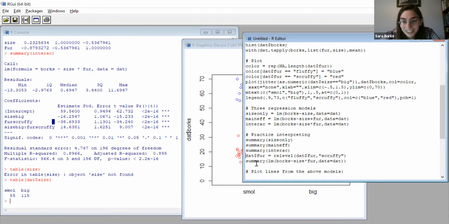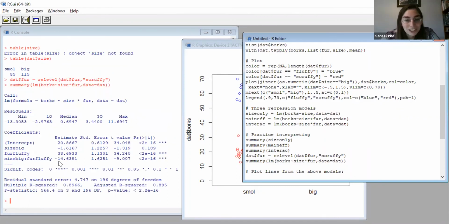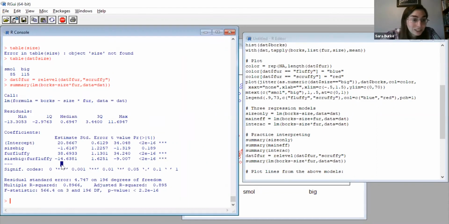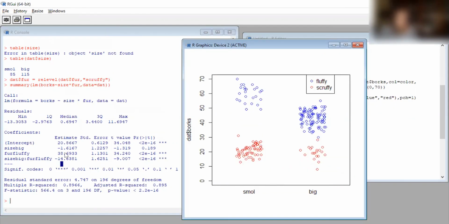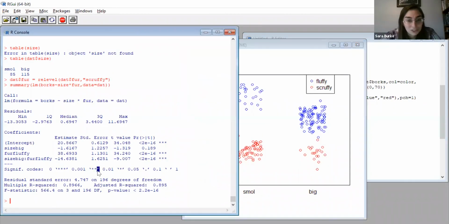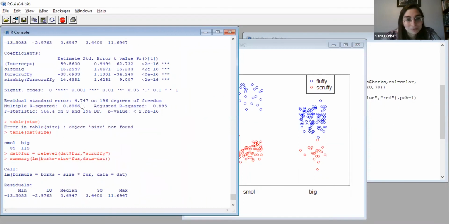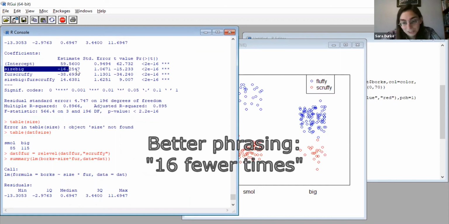So then let's say I change the reference category for fur to scruffy, and I get this result. What changed? Here was the output before, and I noticed that the big dogs barked 16 times less than the small dogs.